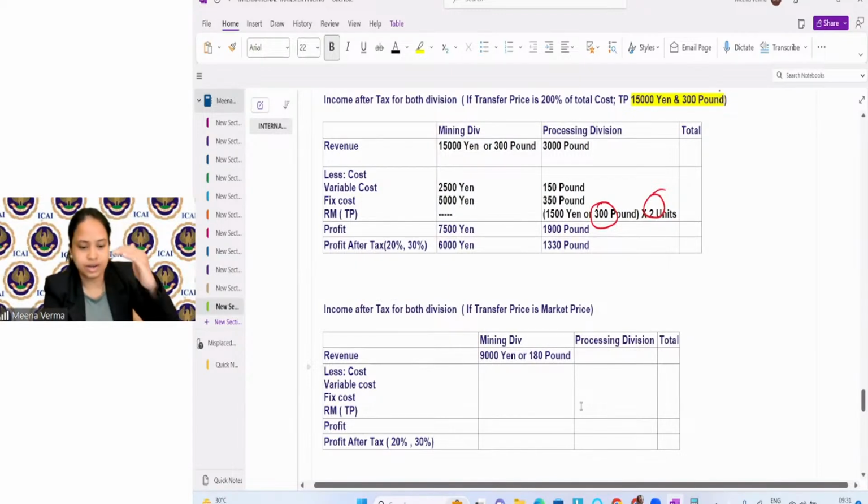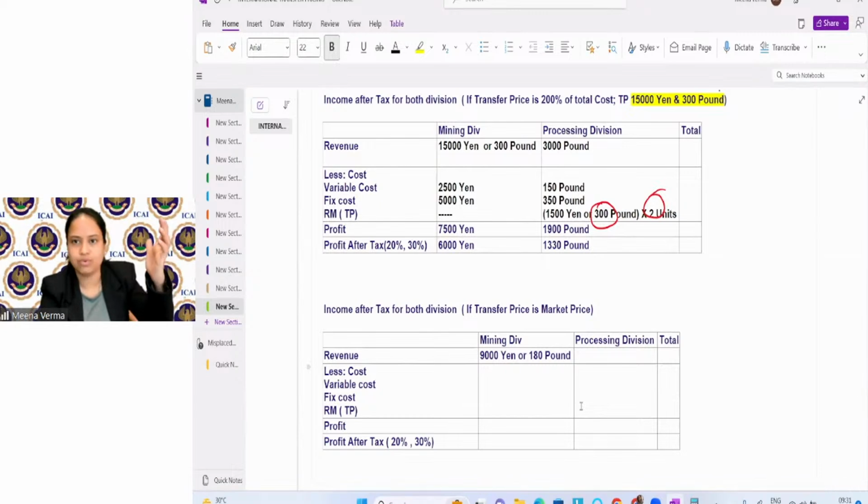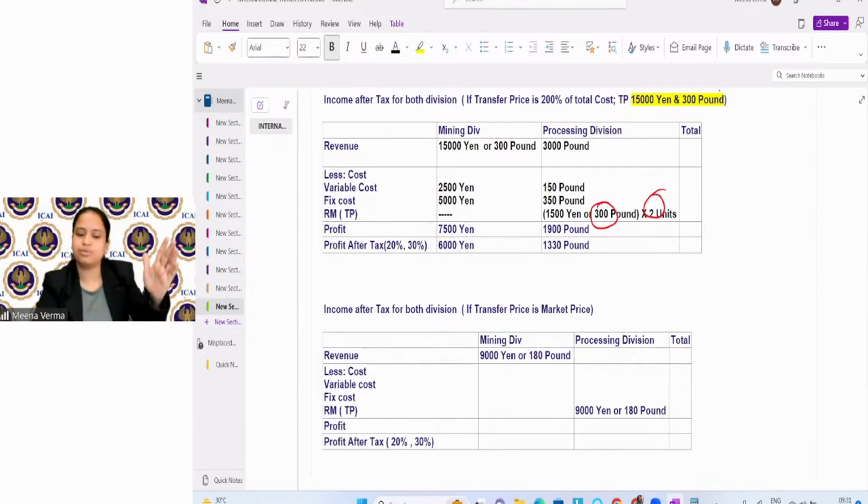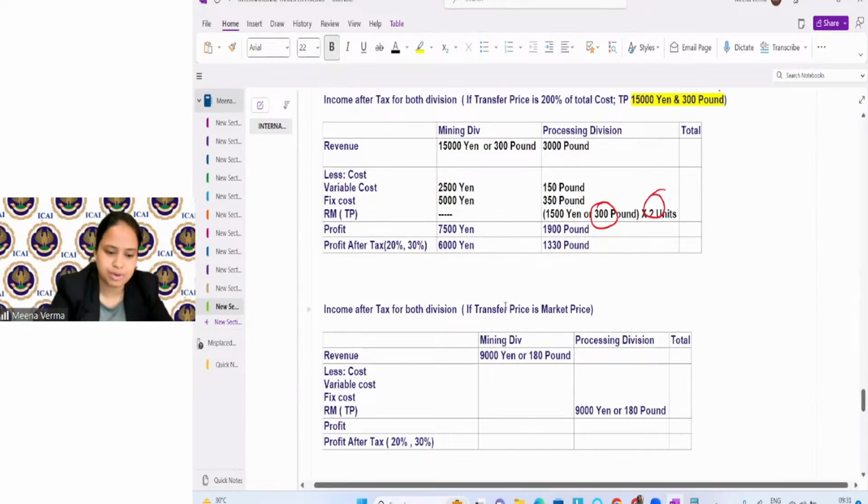You know, transfer price will be revenue for one department and it's a cost for other department. So we are just considering it as a cost for other department, 9,000 yen or 180 pound. Right? At what price we are selling it? 3,000 pound.